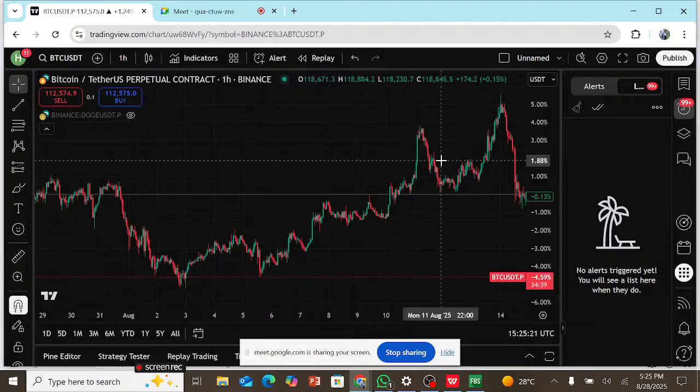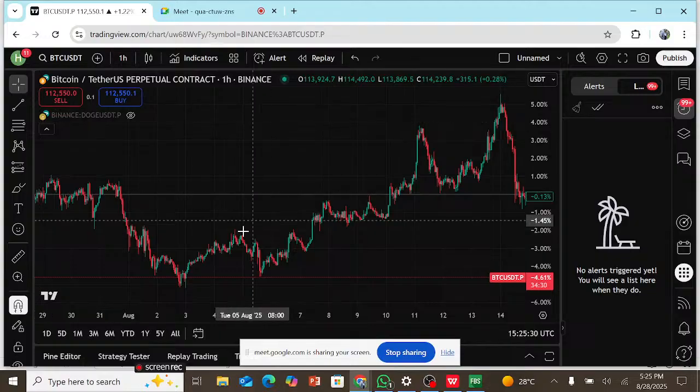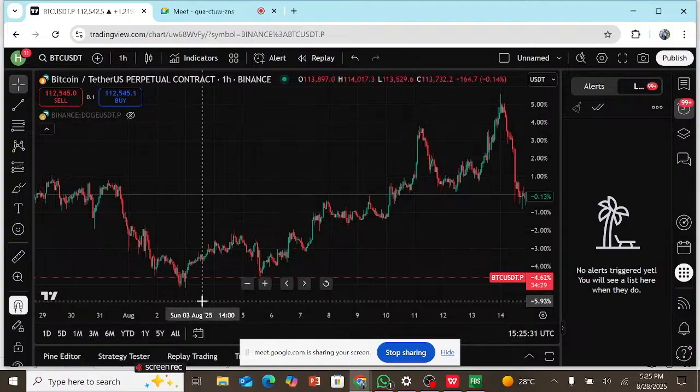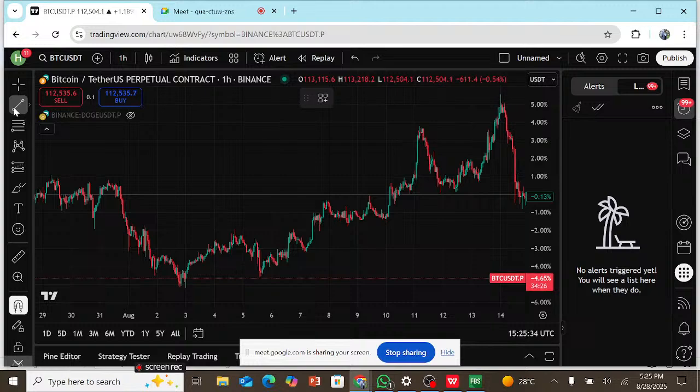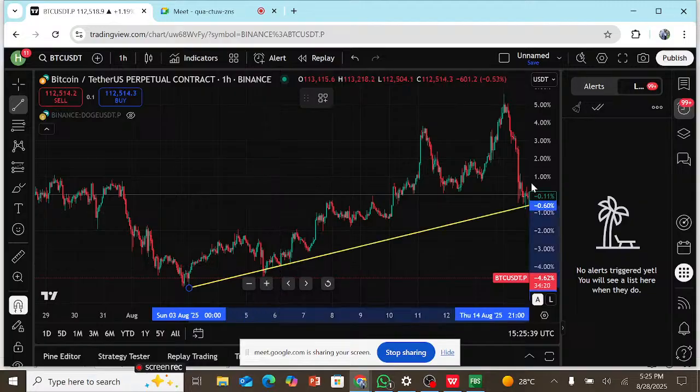So for us to determine if the market is an uptrend, we use what we call a trend line. You use this tool, then you put a straight line to the bottom.